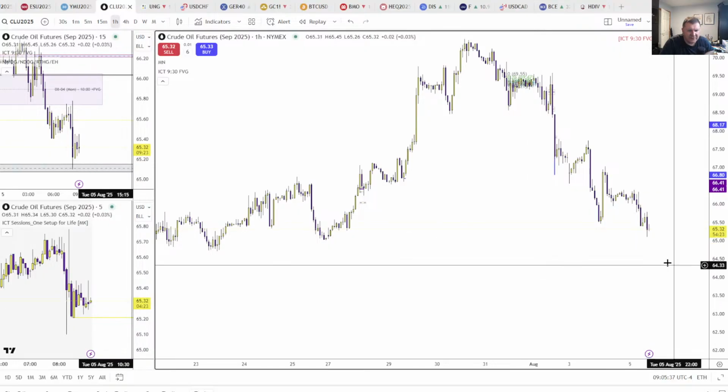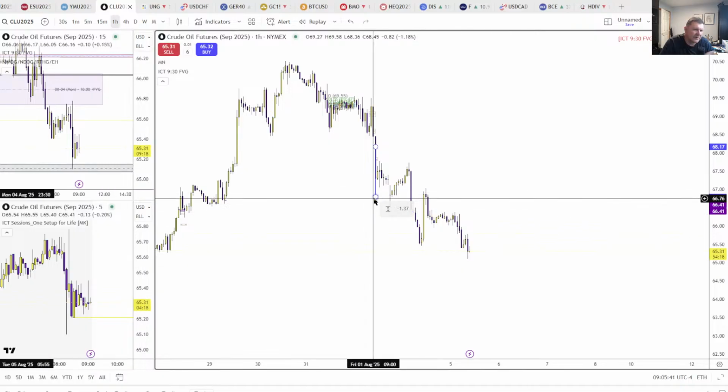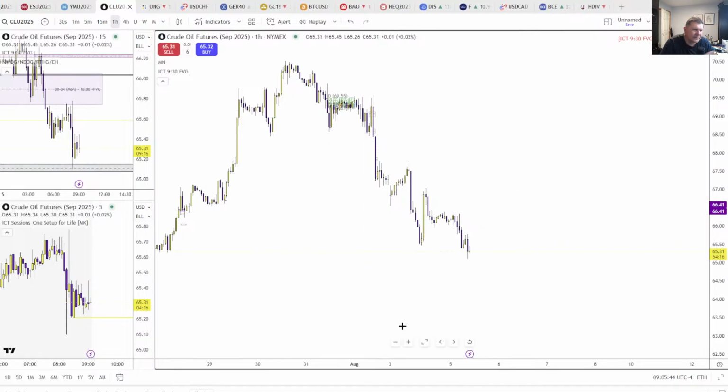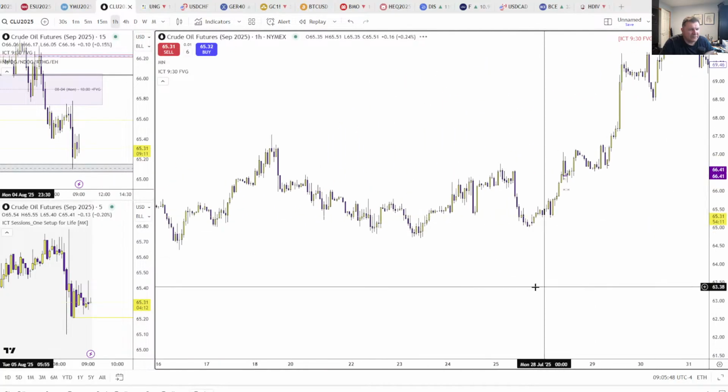Let's see if we get consolidation and then a new market maker buy model from here. So that's what I'm looking for there.